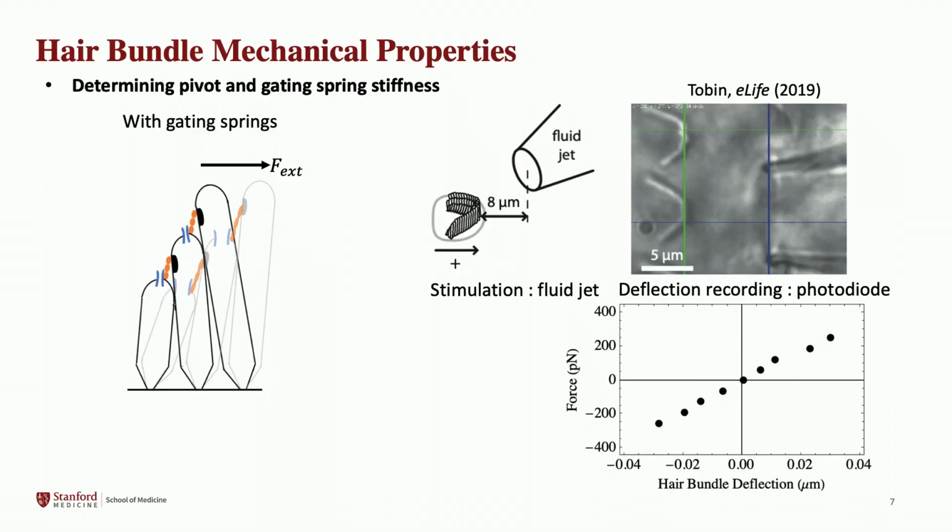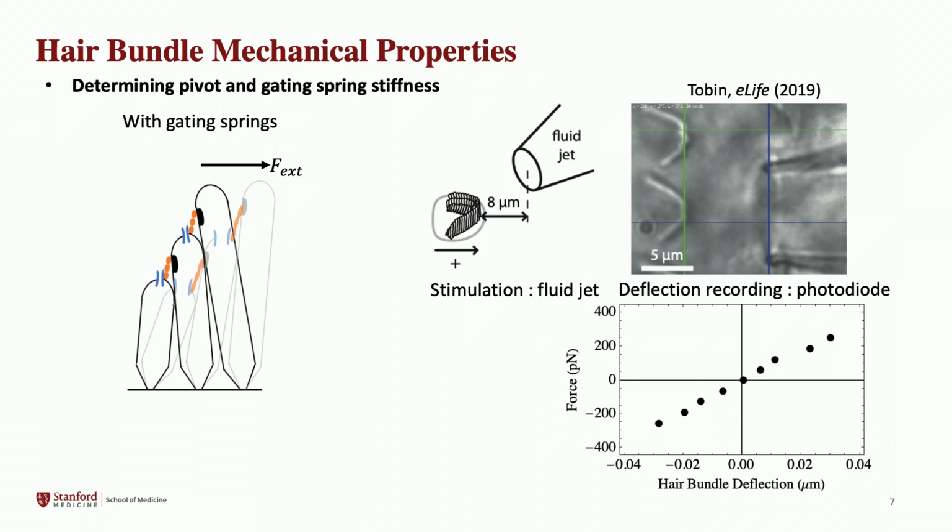The procedure is to mechanically stimulate a hair bundle using a calibrated fluid jet, and then to record the deflections produced in response to each force. And here is the force versus displacement curve for the full hair bundle, that is the stereocilia plus the gating springs.